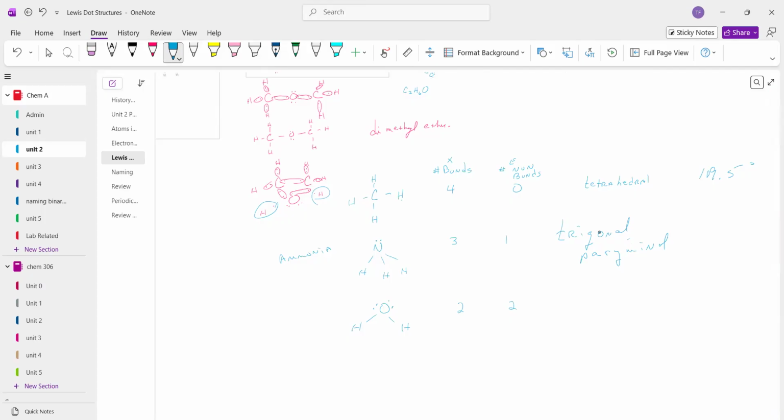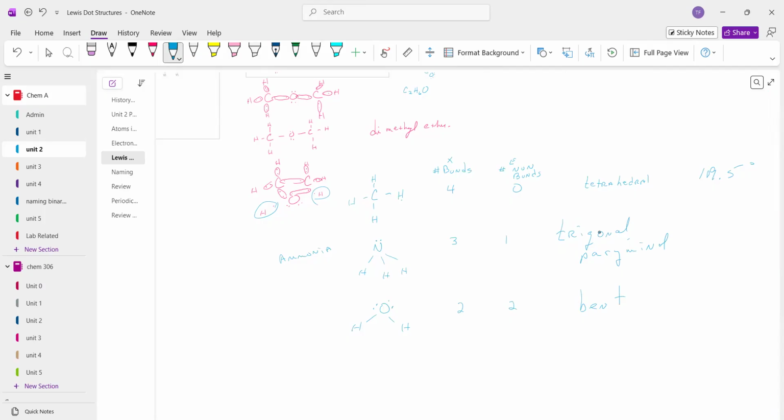And when we have 2 and 2, that's called bent. Pyramidal, like pyramid. And that's with 3 bonds and 1 non-bond.